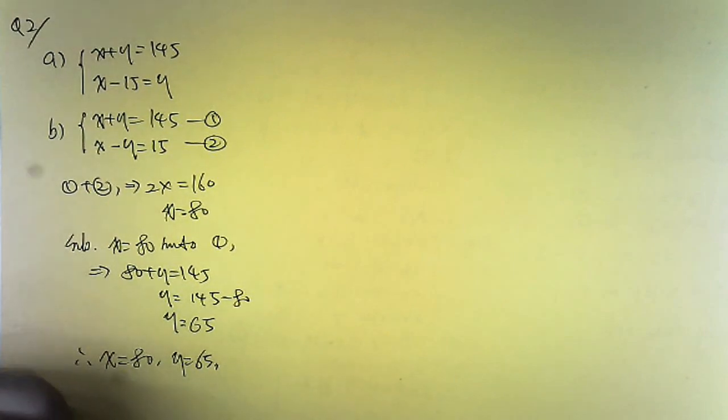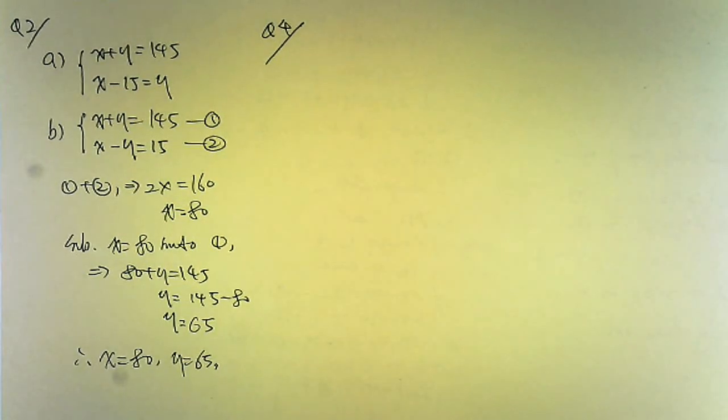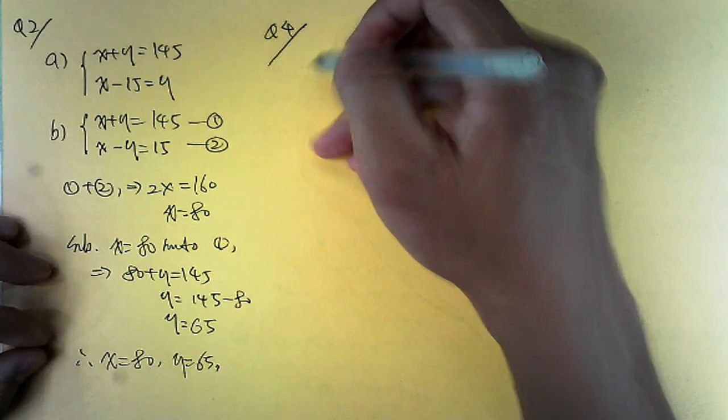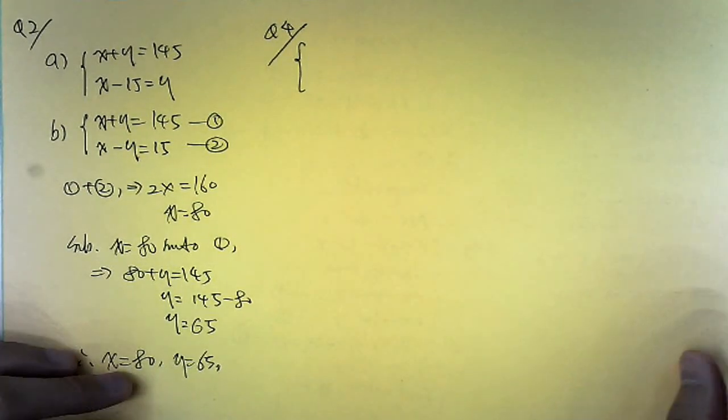Let's move on to question 4. Read the words. The heights of Jessica and Winnie are X and Y cm. Jessica's height is 5/4 of Winnie's, and if Jessica is 35 cm taller than Winnie, find X and Y. It's a little bit complicated, but you have to form those equations.